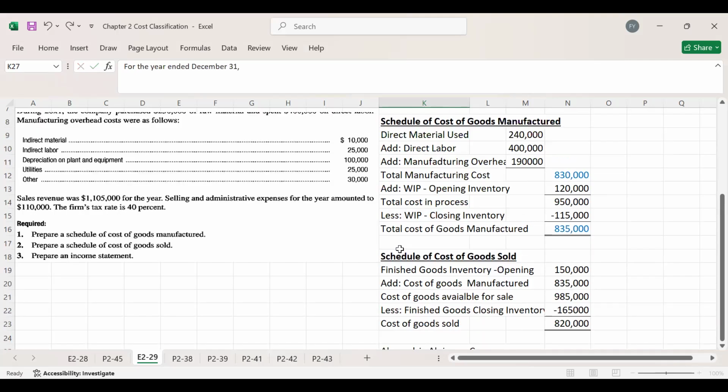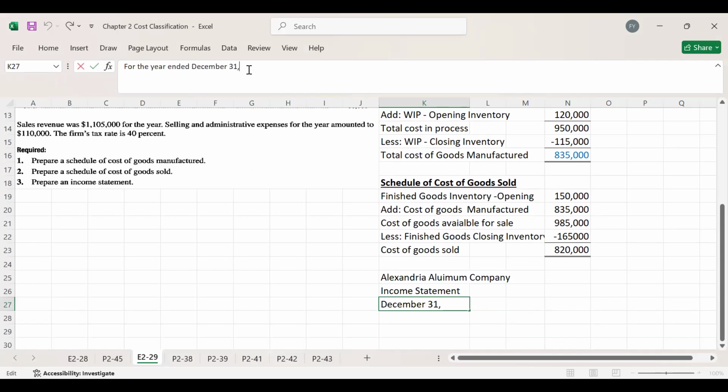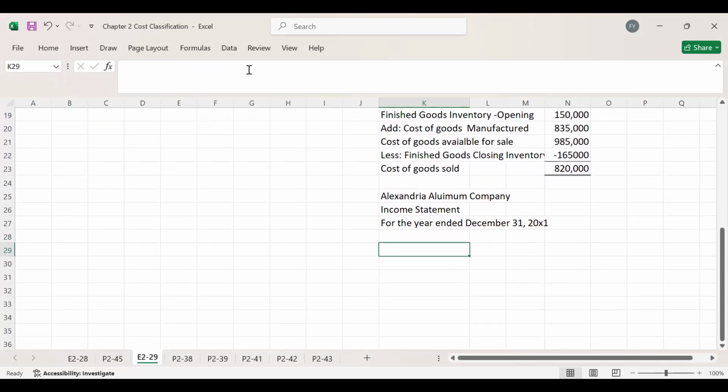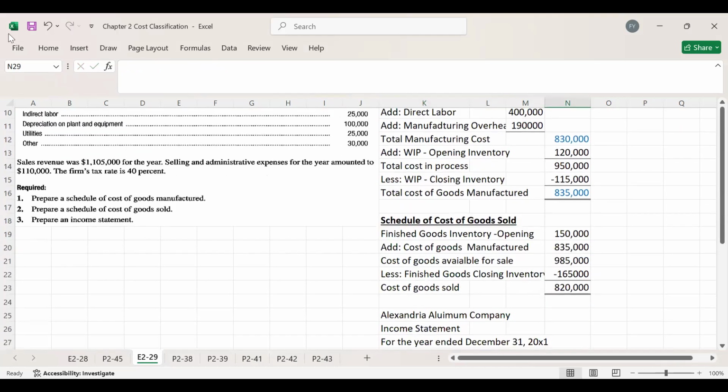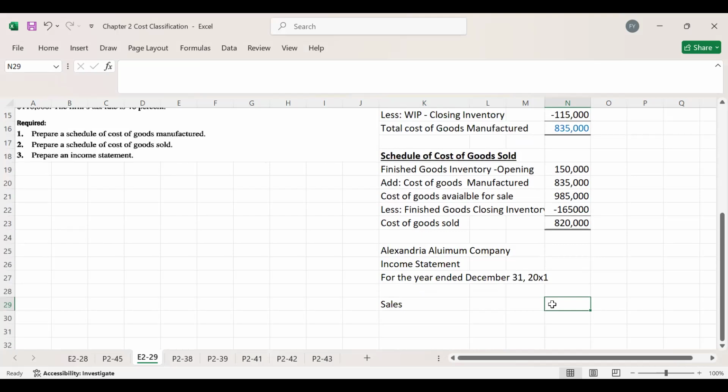The year is given or not, let me check it. 20x1, so it is for 20x1. Okay, so the format of the income statement is we have sales. Sales is given, the amount of sales you can see is 1,105,000.